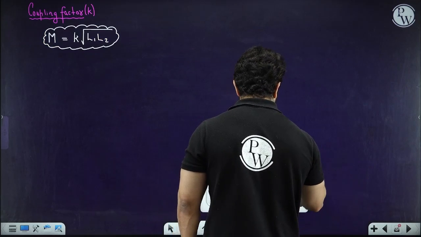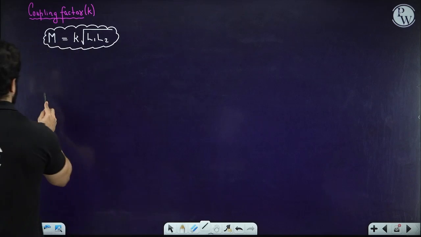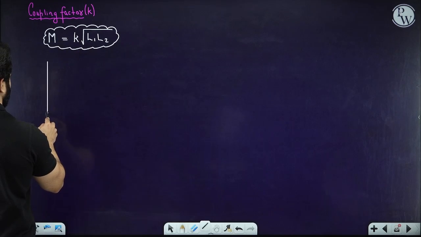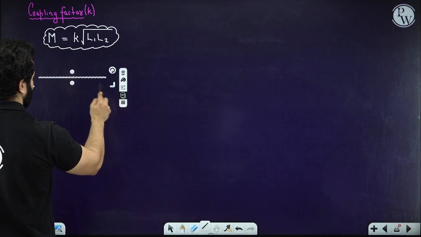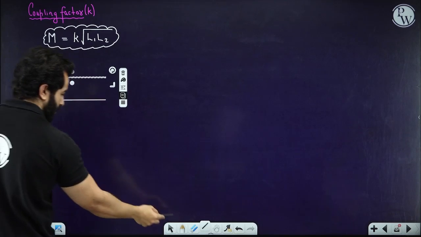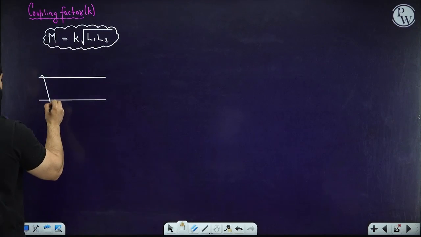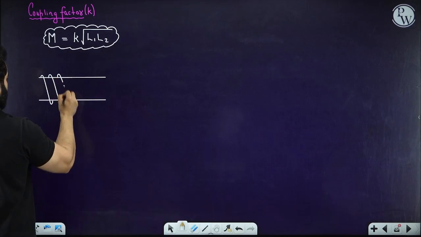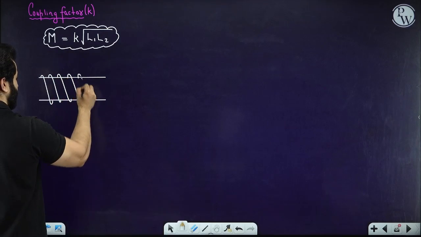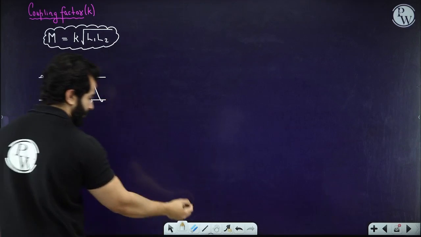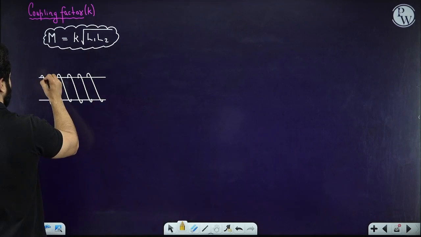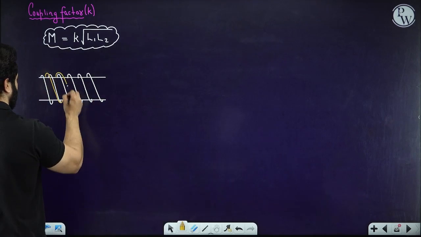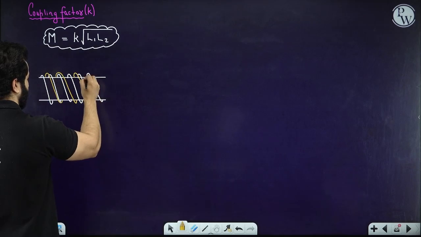So let's quickly draw some things. Let's suppose you have coaxial coupling. Let's say this is the primary coil, and on the same core you are winding the secondary coil also.